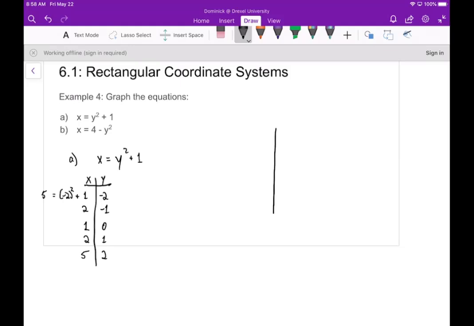So now when we graph this, here's what we'll get. It looks like my first point is (5, -2). And then we get (2, -1).